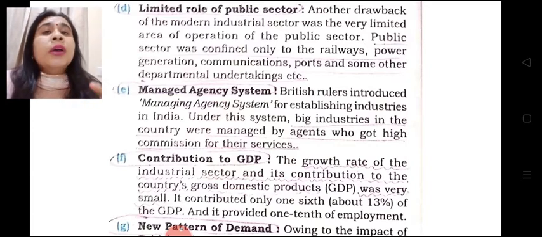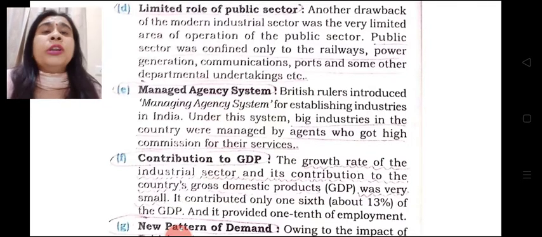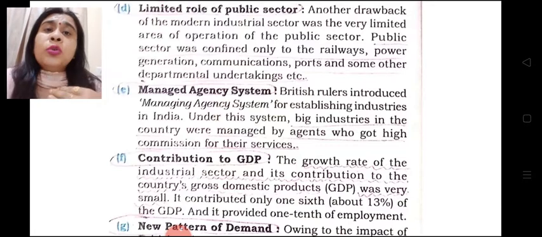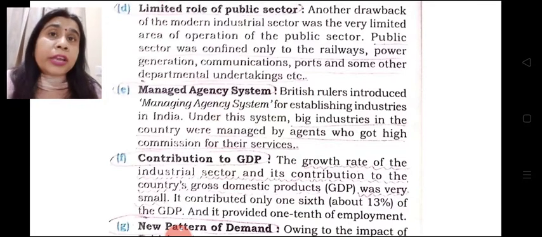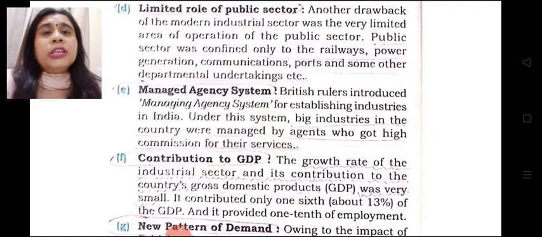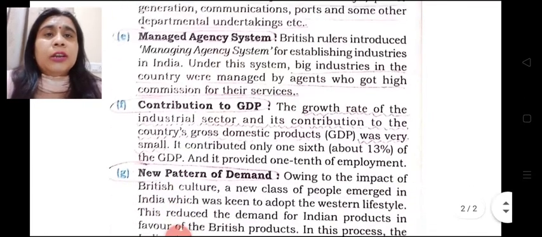Under this system, big industries which were in the hands of a few capitalists were managed by agents appointed by the government, who were paid commission. So what happened? If I am the owner of the industry, but it is managed by the agents of the Britishers, they started manipulating the profits and exploiting even the owners. So this managing agency system also led to the deplorable condition of the secondary sector.